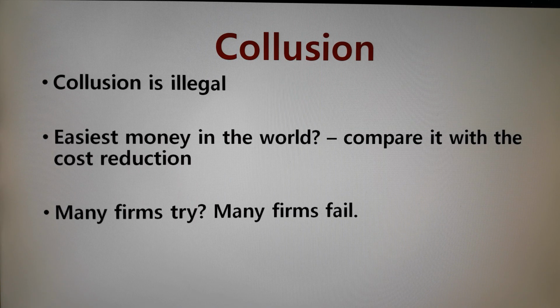Okay. One funny example is I found out the Nobel Prize winners of economics, they collude too. What do you think would be the cost of inviting a Nobel Prize winner for a lecture? The answer is different.